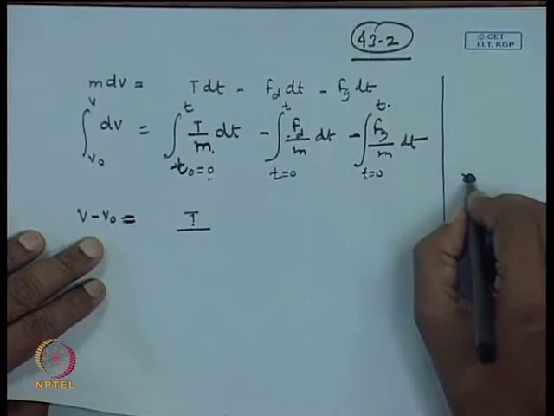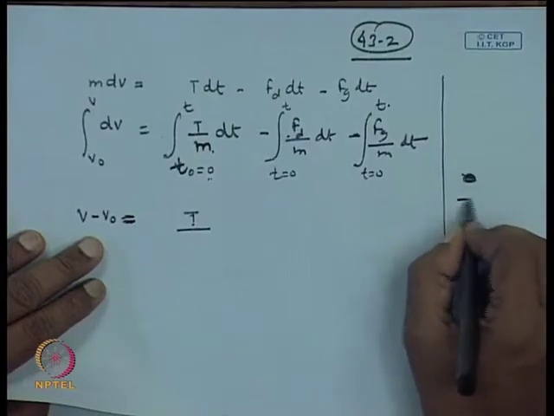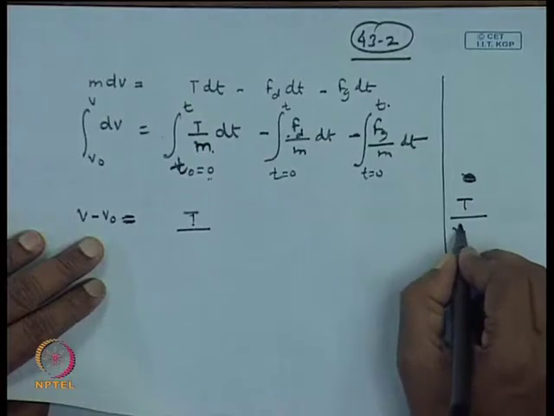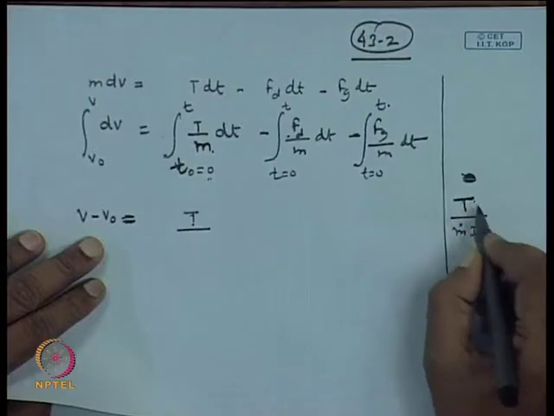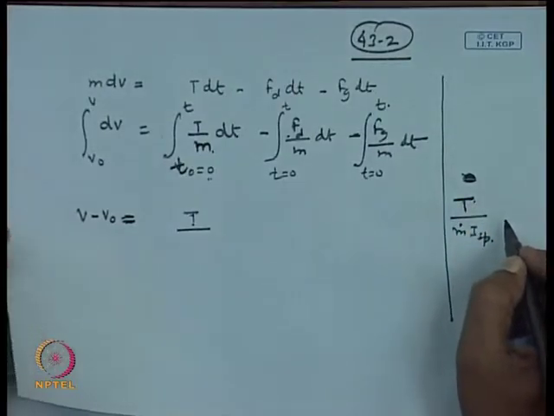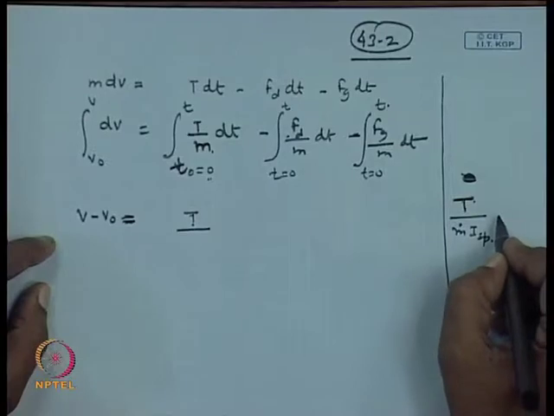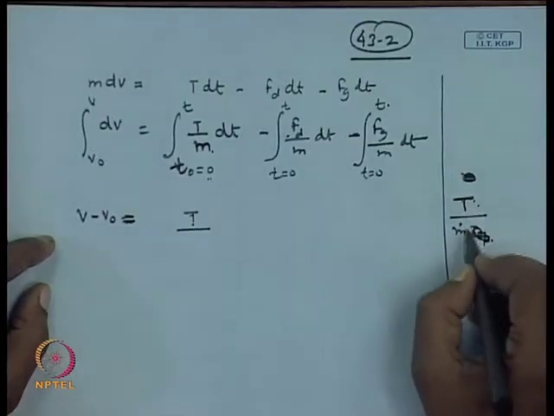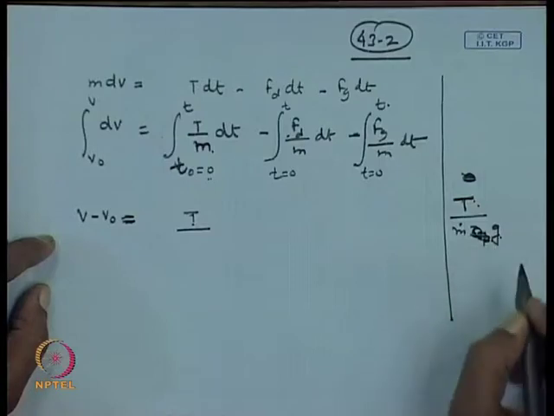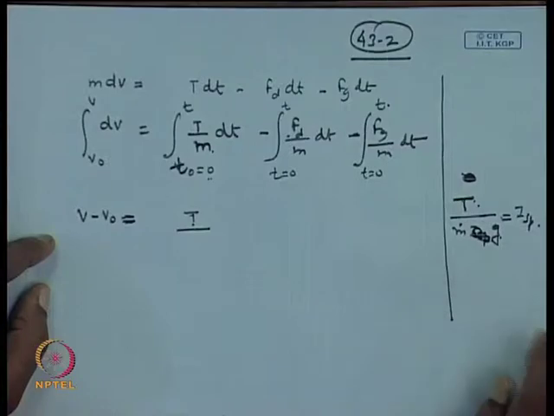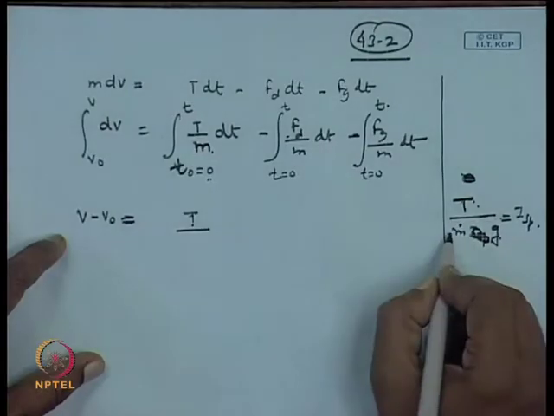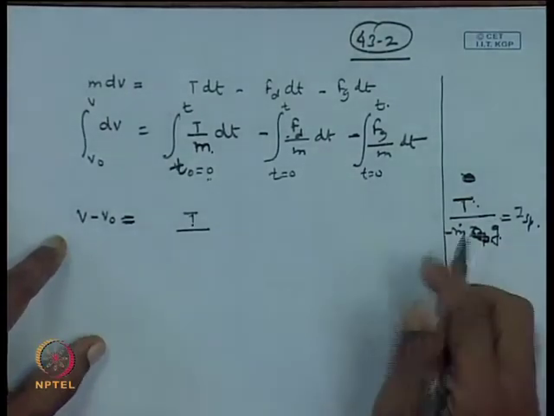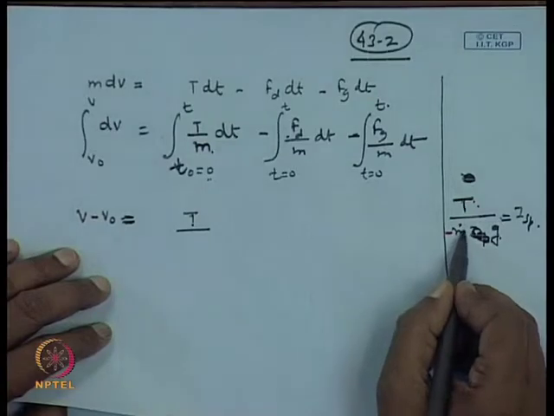Now we know that T by m dot, ISP, or we can write it like this, thrust by m dot z, and for that we had put a minus sign before this, because m dot is a negative quantity.